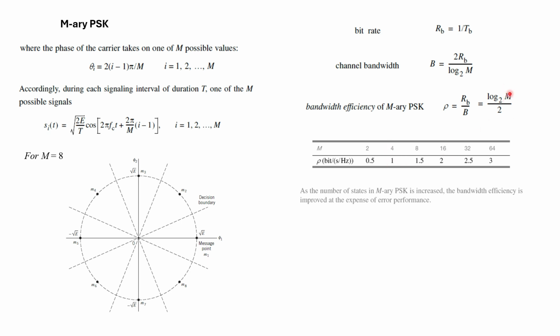If I substitute M is equal to 8, log 8 base 2, I can write as log 2 to the power of 3, which is nothing but 3. 3 by 2 is nothing but 1.5. Similarly, here we are going to get for 16, 32, 64 the increasing bandwidth efficiency. It states that as the number of phases transmitted increases, the bandwidth efficiency also increases.